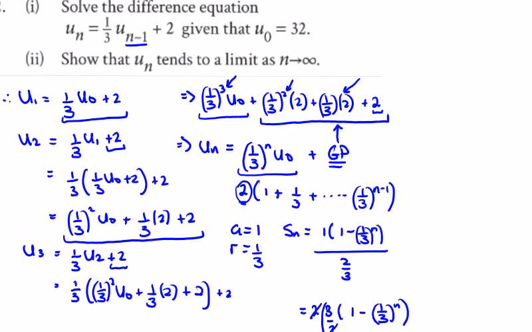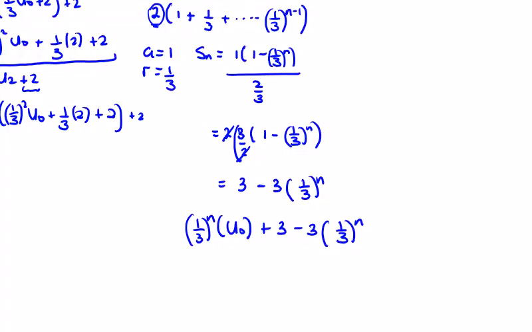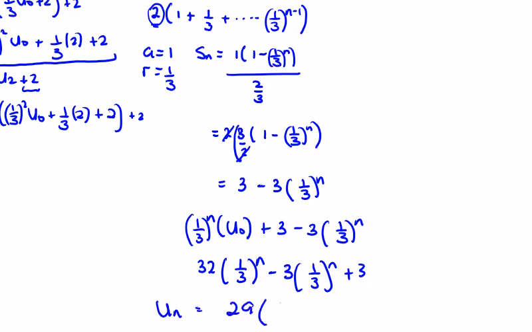So we just go back and check what u0 is, in this case 32. So we have 32 of a third to the power of n minus 3 times a third to the power of n plus 3. So we end up with un becoming, we have 32 minus 3, so we have 29 1 over 3 to the power of n plus 3.